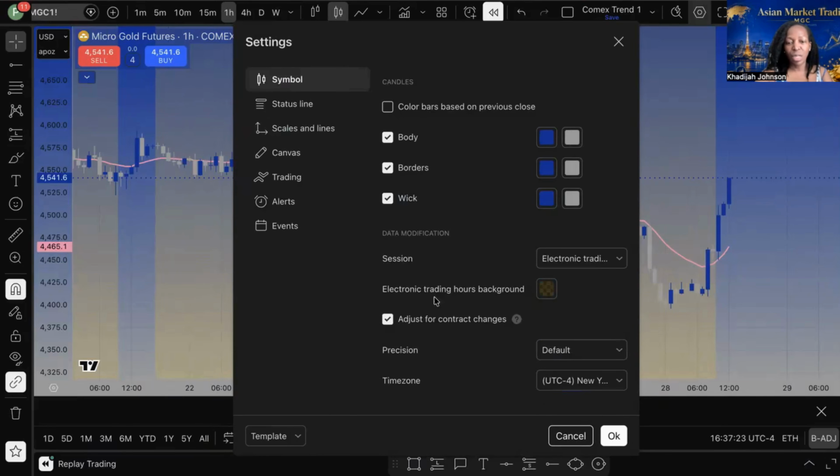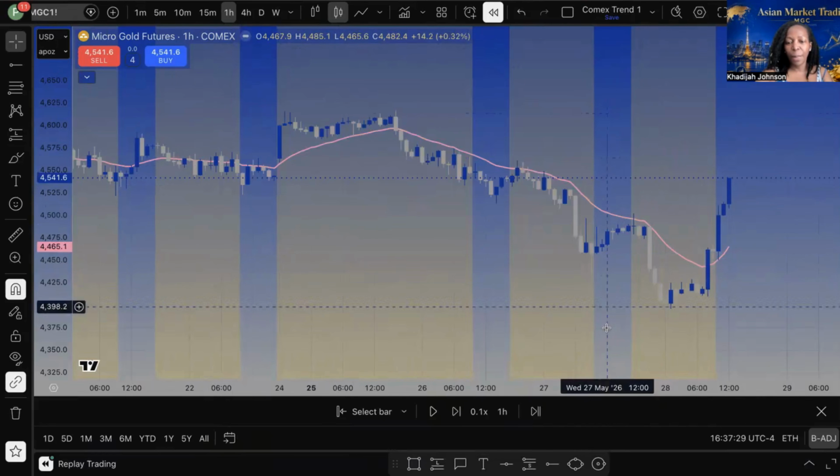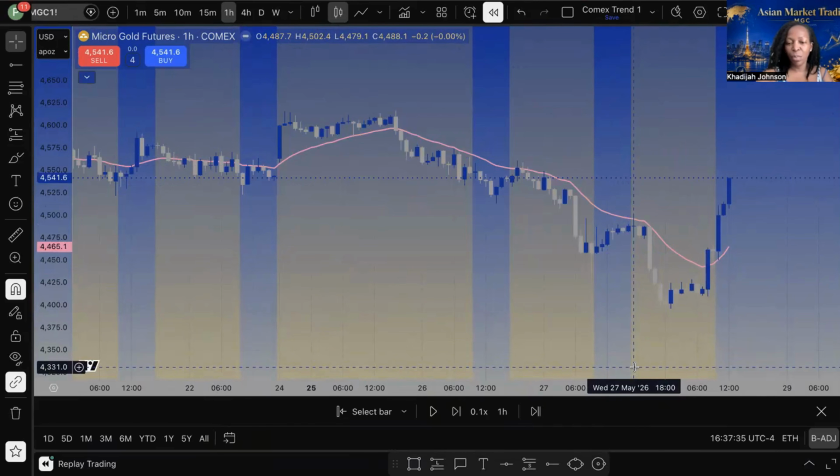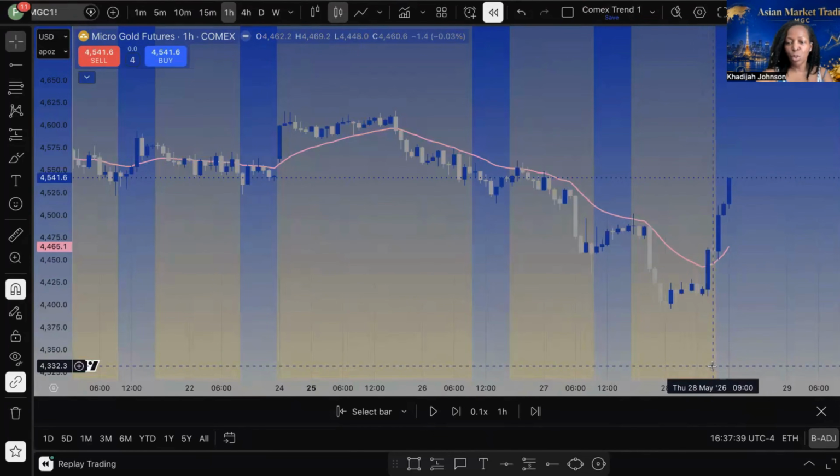If you are using the electronic trading hours background, it shows you the extended market, like the pre- and post-market, like this right here, 1800. If you know military time, that's basically 6 o'clock, and it ends at 9 o'clock. So this is your pre and post market.